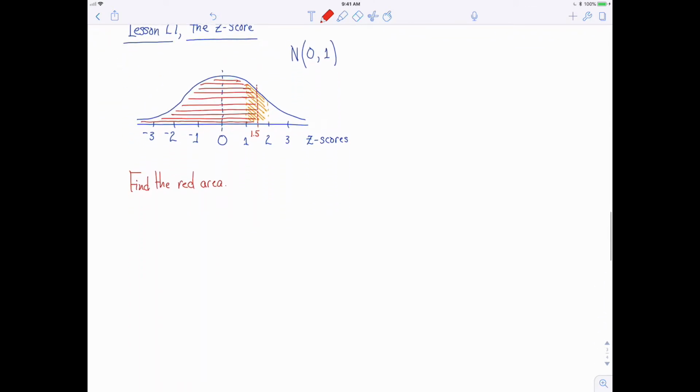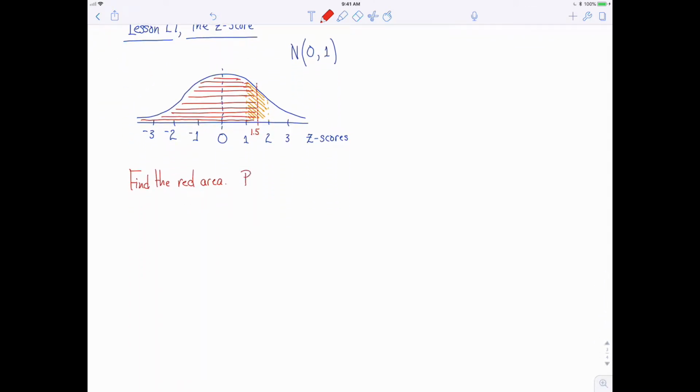And the area in the red, we say that the probability that z is less than 1.50 is equal to 0.9332. Or if you wanted to write it as a percentage, you could write this as 93.32%. And that's how we use our tables.